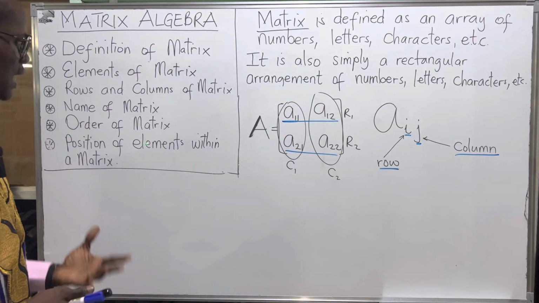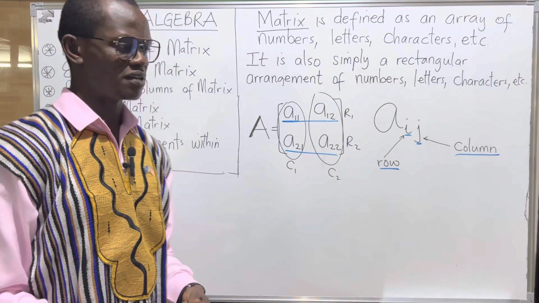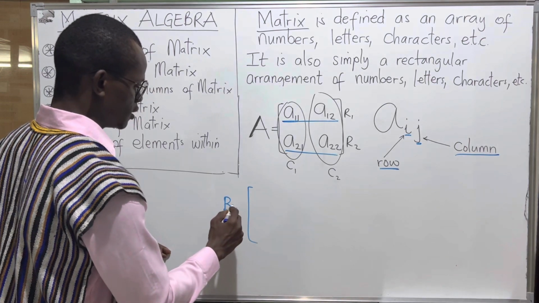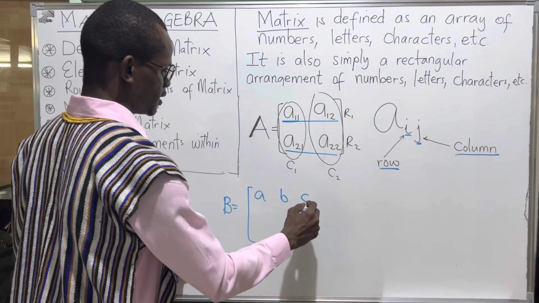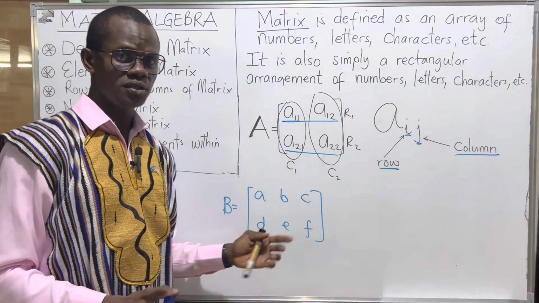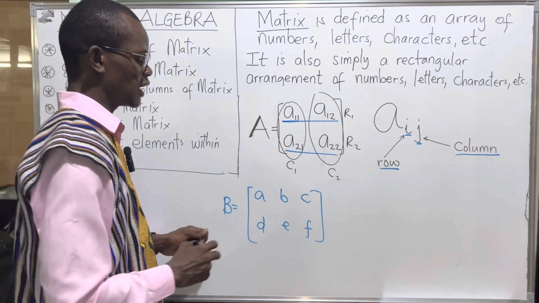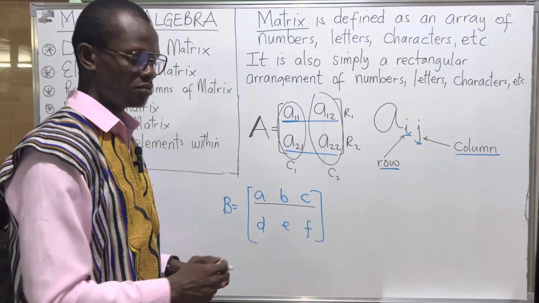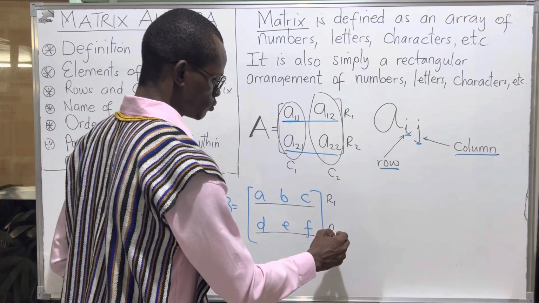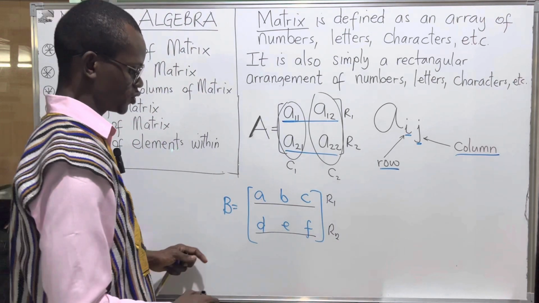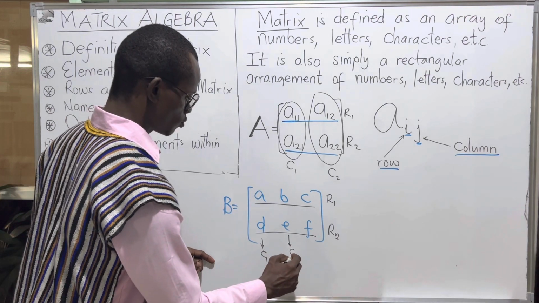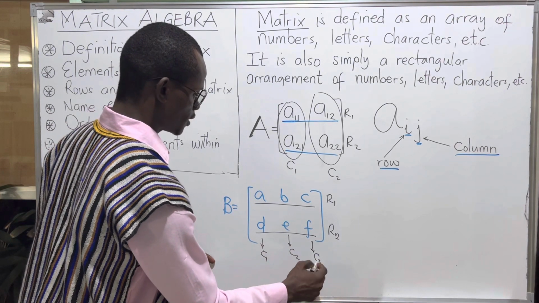Now, the order of a matrix has to do with the dimension of that matrix. For instance, if we had matrix B, which is A, B, C, D, E, F, for example, we must first identify how many rows are within matrix B. We have row 1 and row 2, and also how many columns: column 1, column 2, and column 3.